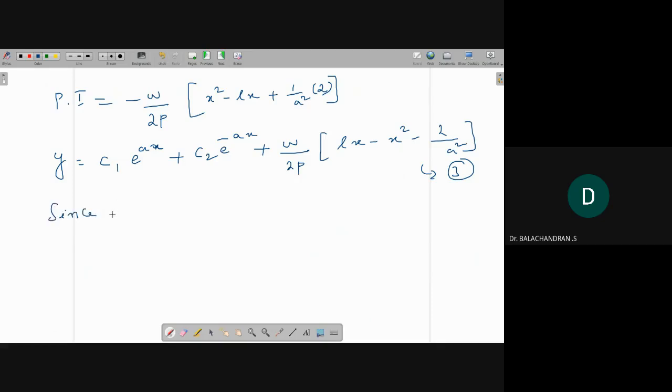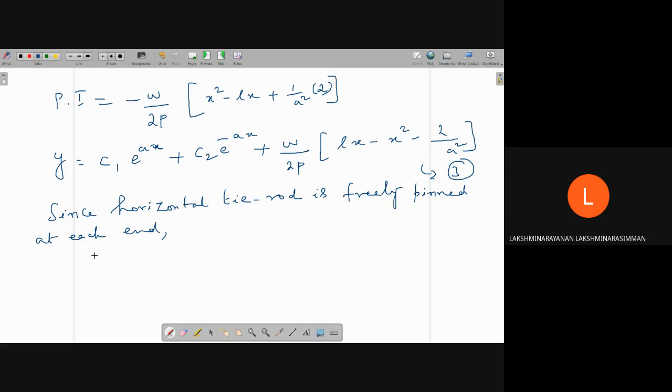Since the horizontal tie rod is freely pinned at each end, what is the boundary condition? Can you tell? At x equal to 0, y equal to 0 and d square y by dx square equal to 0. Y equal to 0 and the second derivative equal to 0.